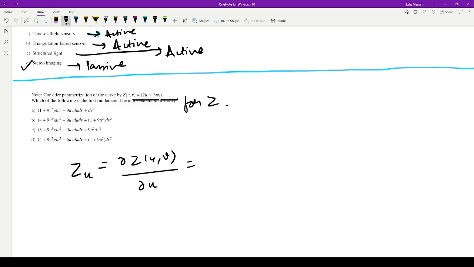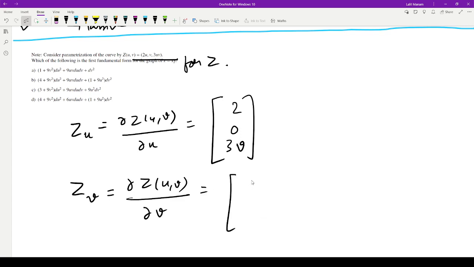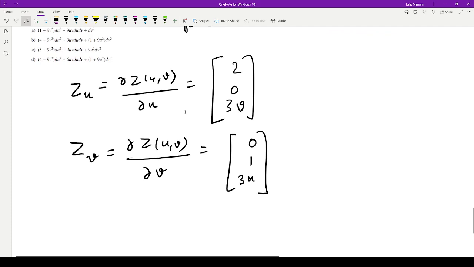We have 2u, v, and 3u, which turns out to be 2, 0, 3v, correct? And Zv is the derivative with respect to v, which turns out to be 0, 1, 3.